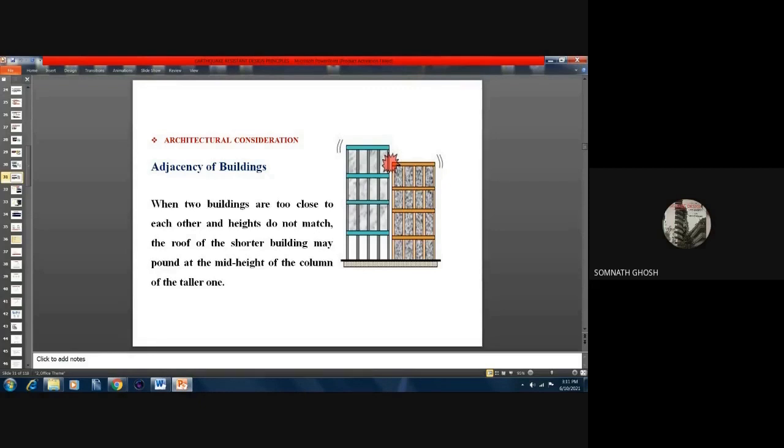Or you may simply join them, if the relationship between the owners of the two buildings is good. But anyway, there are many issues, whether the buildings are already constructed or not, what the municipal rule is, right? But this pounding effect should be avoided.